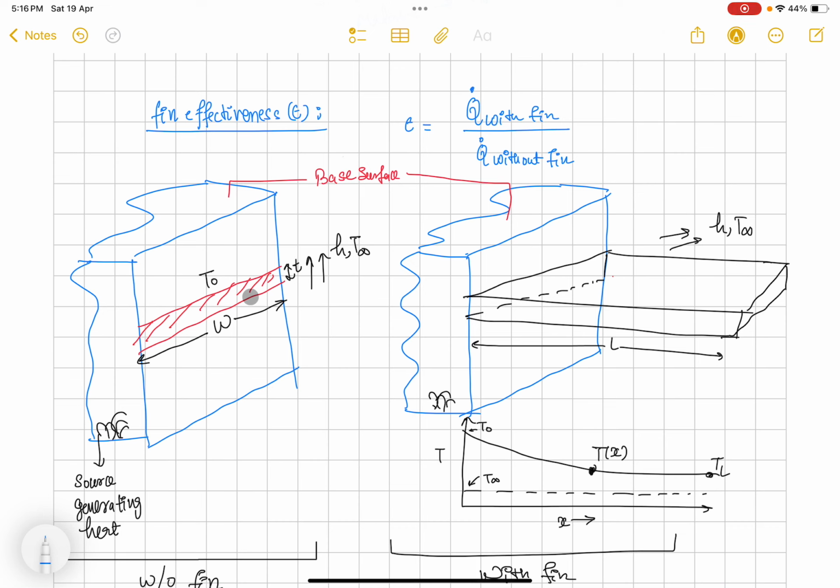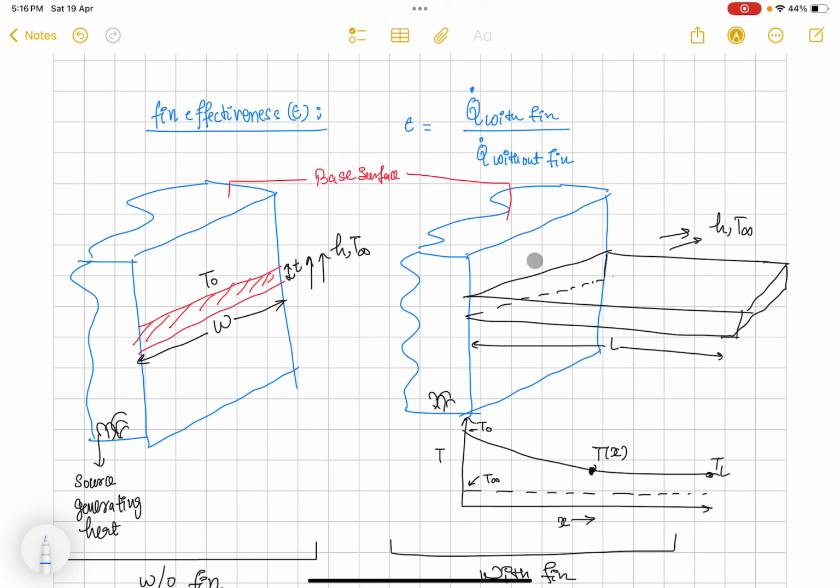Here we are assuming in general, when we attach the fin to the base surface, the convection coefficient changes, but for this analysis and also in textbooks, it is assumed that when we attach the fin to the base surface, the convection coefficients are unchanged.